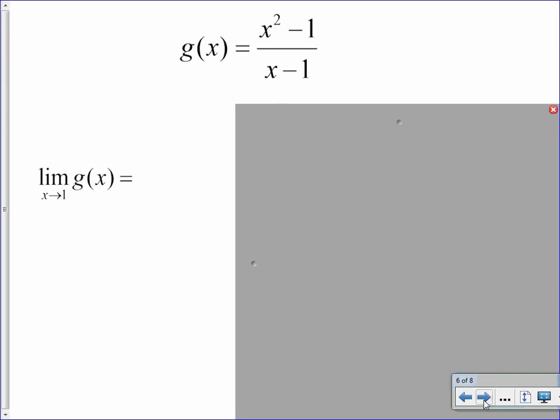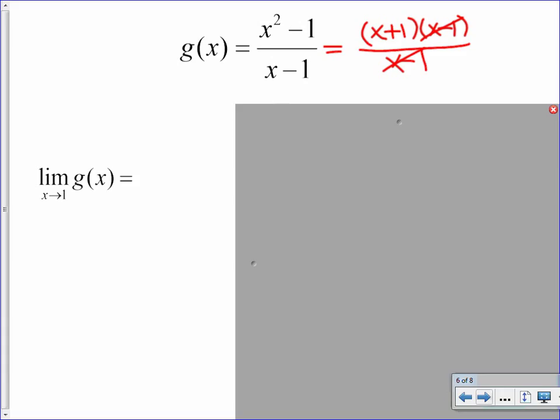First of all, factor it. And what can happen? So I have the limit as x approaches 1 of g of x.